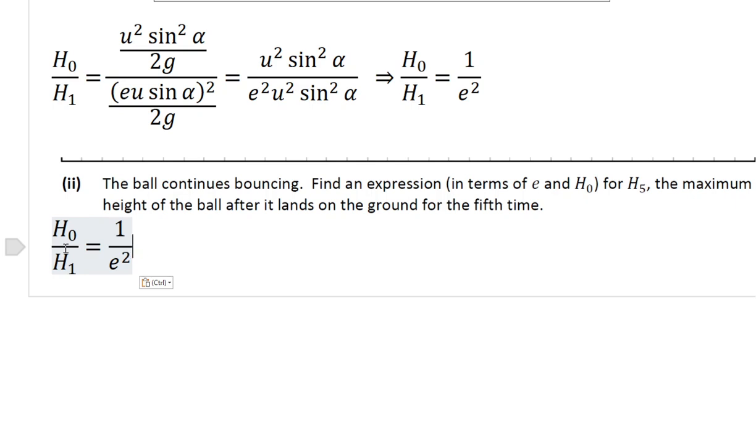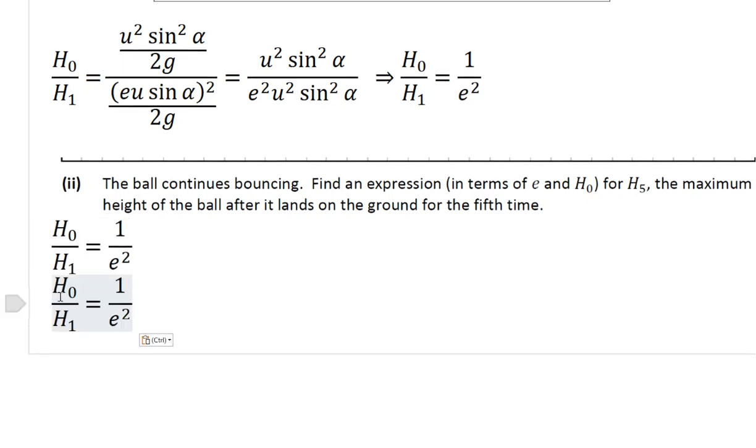So what we would want to find is H5. We can do it in massive gory detail, but you notice that the actual speeds and heights don't really matter, because all we get is 1 over E squared. It is purely to do with the coefficient of restitution. So if the ratio of any two successive max heights is 1 over E squared, we can say that's true.